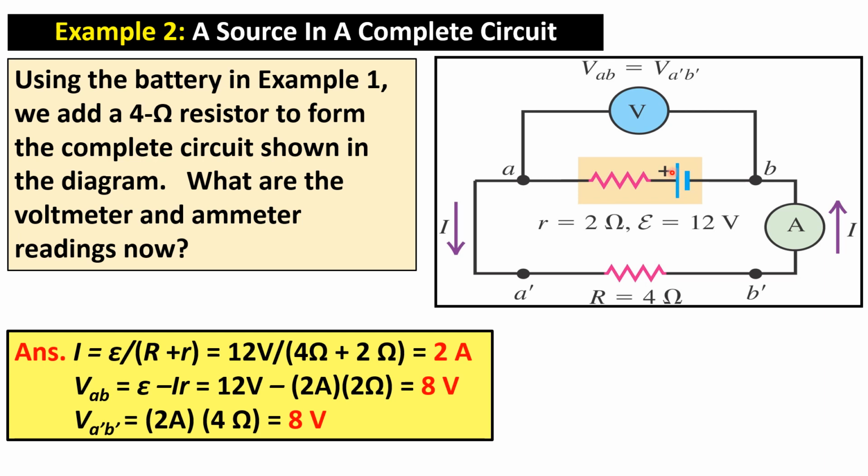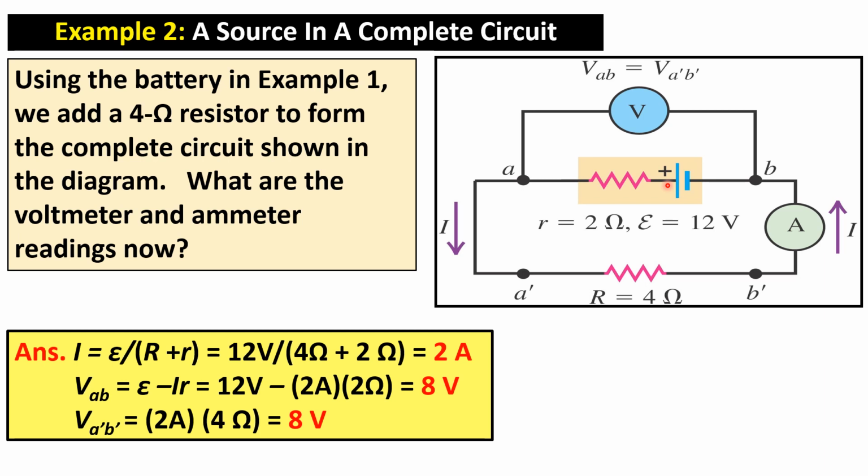The positive is considered to be of higher electric potential compared to the negative terminal. When you say 12 volts, an EMF of 12 volts simply means that the positive terminal has 12 volts of electric potential higher than that of the negative terminal.